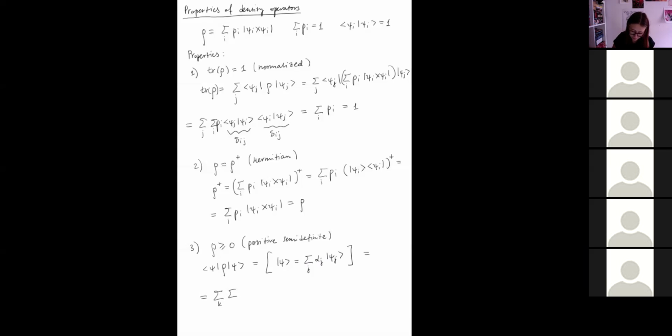I have to introduce a lot of new indices, so it would be the sum over k, sum over j, alpha_k, alpha_j conjugate <psi_j|. Then we have rho, which is the sum over i of p_i |psi_i><psi_i|. And then we have |psi_k>.